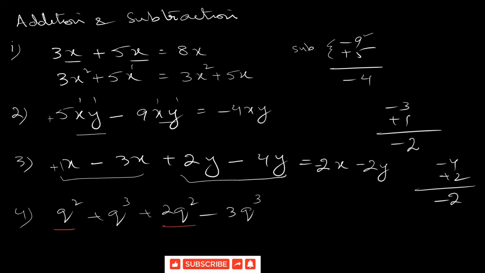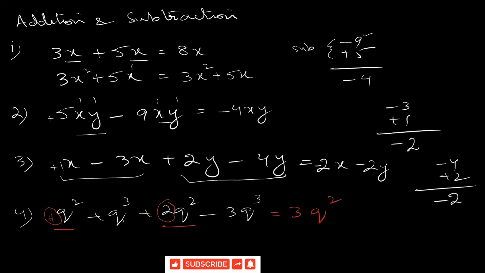We cannot add this q square to q cube because of the powers. Though the variables are same, the powers are different. So we shall not consider q cube and q square as like terms. So we shall add q square and 2q square, it becomes 3q square, because this 2 will be added to this, which is not showing but is plus 1.